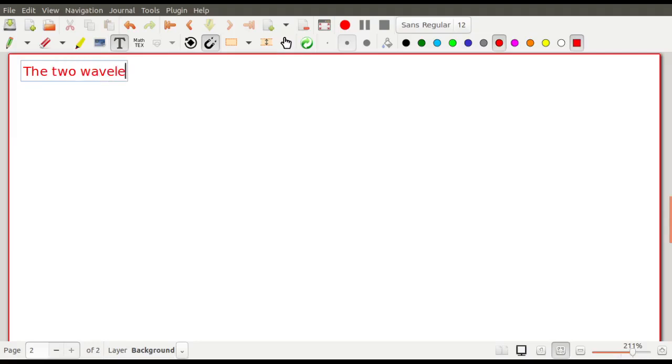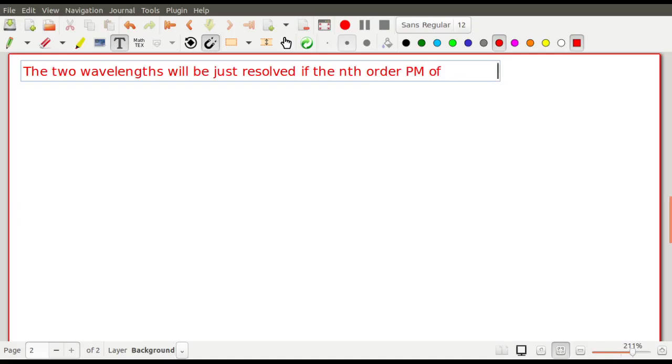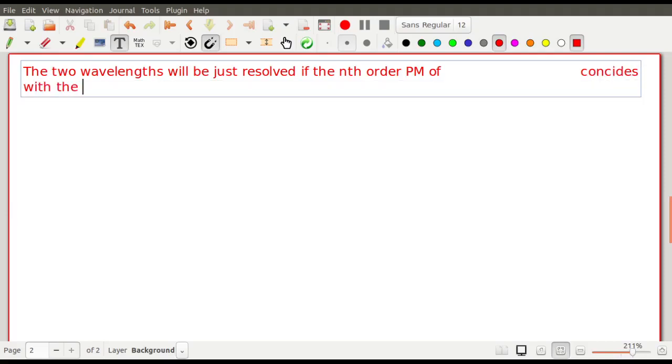The two wavelengths will be just resolved if the nth order principal maxima of lambda plus d lambda coincides with the first minima adjacent to the nth principal maxima of lambda. Now this is quite non-trivial.